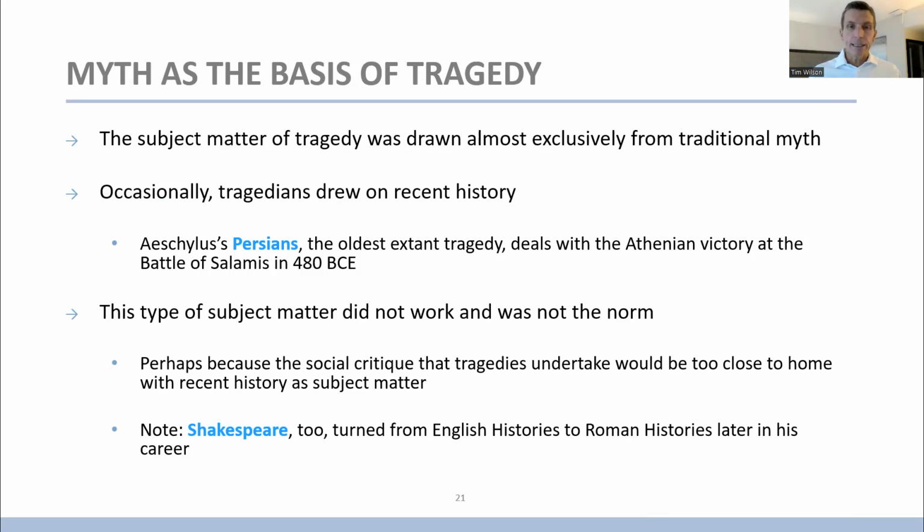And did he realize that he had to turn to something a bit more distant, which he does when he goes from English history to what we could call his Roman historical period, where he writes about Julius Caesar, Antony and Cleopatra, and Coriolanus.